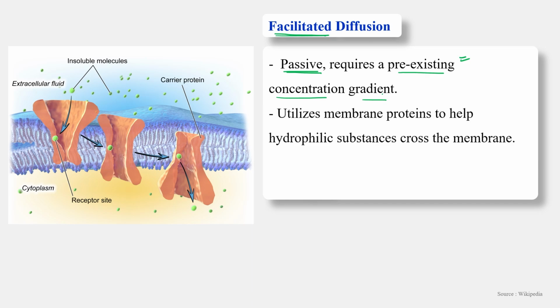Clear? So facilitated diffusion utilizes a specific type of membrane protein which helps in the movement of that particular molecule.